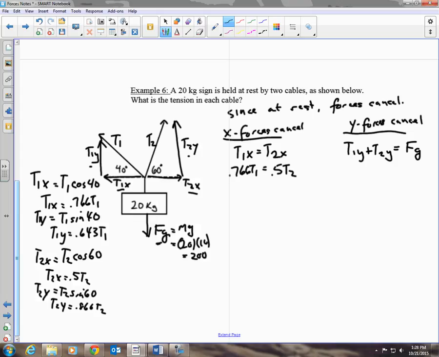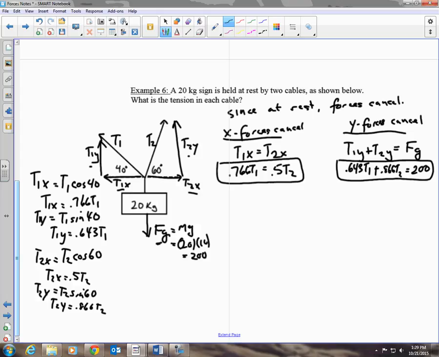So T1y is 0.643 T1 plus T2y is 0.866 T2. And that has to equal the force of gravity, which is 200. So now I have an x equation and I have a y equation. So I have two equations, two unknowns. I'm going to use substitution.